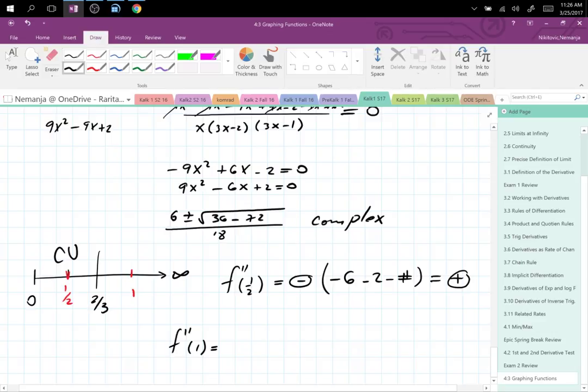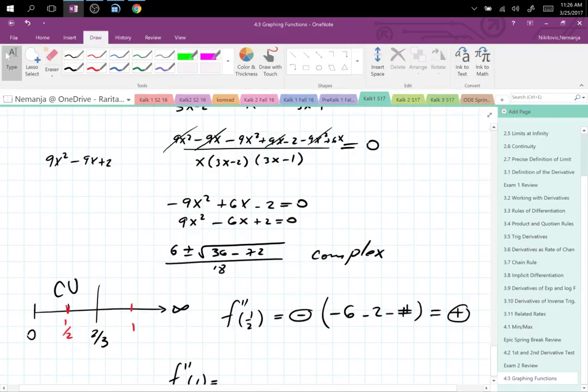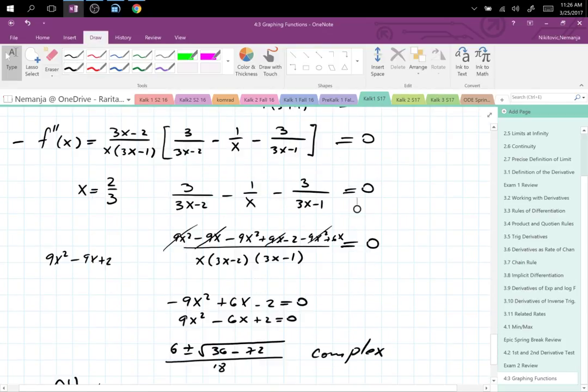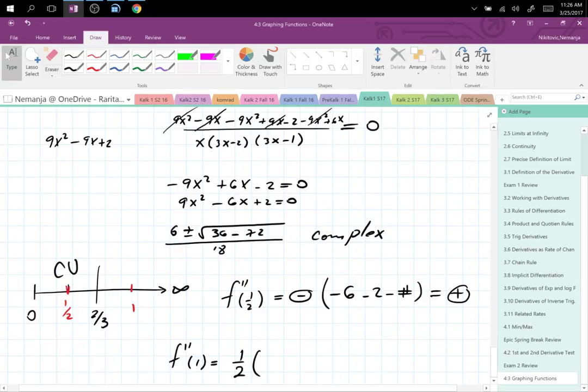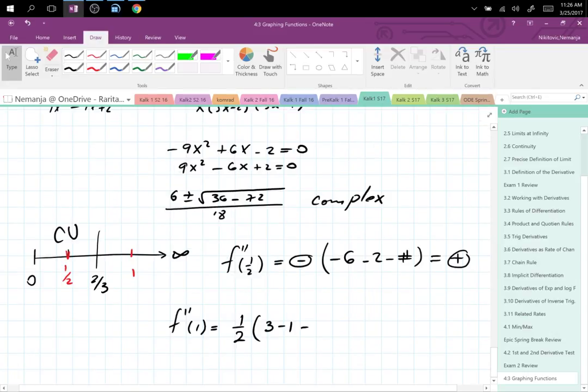You can go and compute. We said at 1 is 1/2, so that's okay. I can write this one 1/2 and then compute the rest at 1. That's 3 over 1, so that's 3 minus 1 minus 3/2.